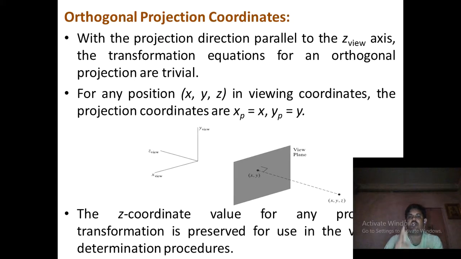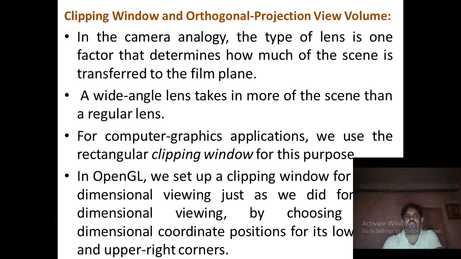That's why x, y, z will become x, y if you are taking parallel or orthogonal projection. Then the z coordinate value for the projection transformation is preserved for future use, means if you want, you can preserve the z coordinate value for future use for determination of procedures, right. This is orthogonal coordinate.